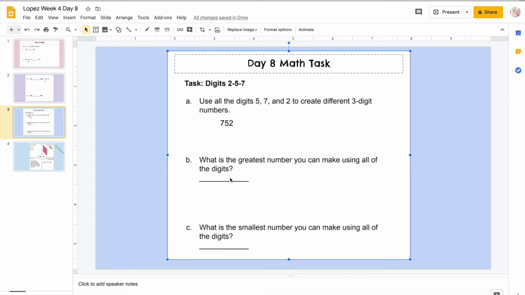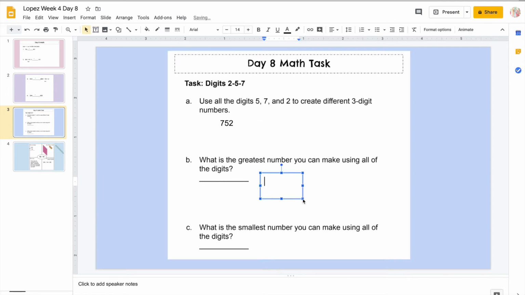We know that 7 is the greatest value. And then between 5 and 2, 5 is the greatest value. And then 2 has the least value. So actually the number we made in A is ironically going to be the same number. So using those 3 digits, the greatest number we can make is 752.